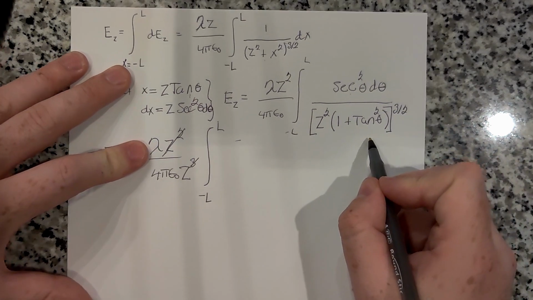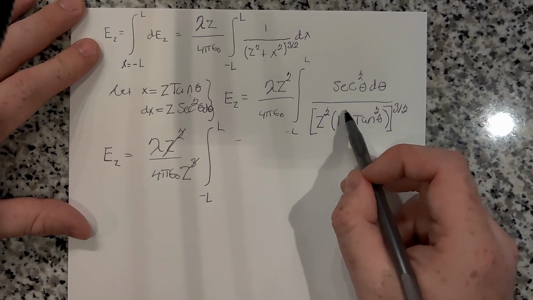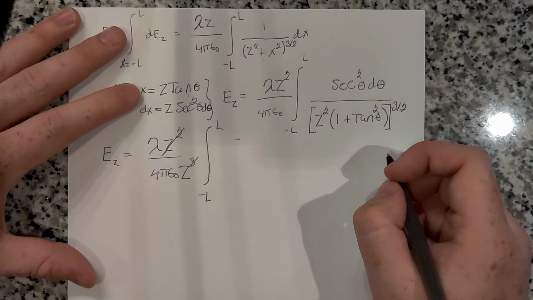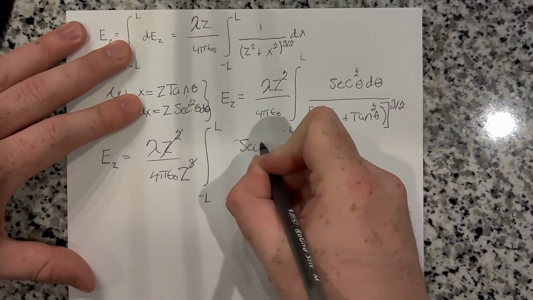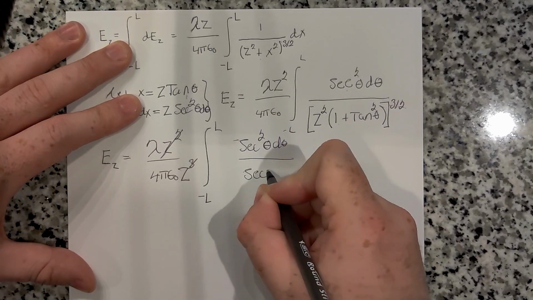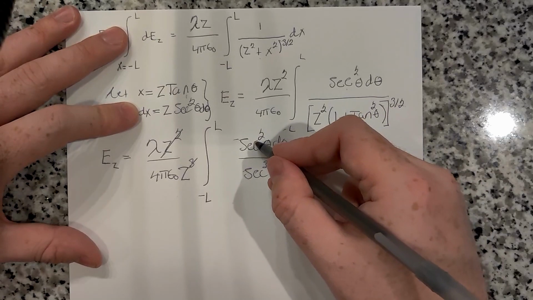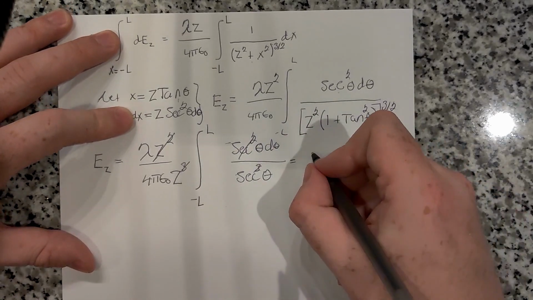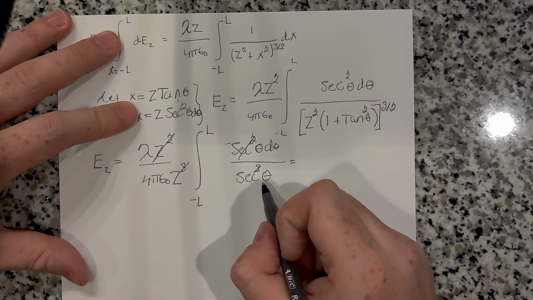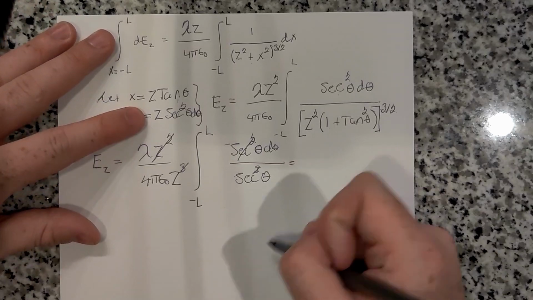And 1 plus tangent squared using the trigonometric identity is secant squared. So this will just be secant squared raised to the 3/2, which will just be secant cubed. So what we end up having is secant squared of theta d theta over secant cubed of theta, which is just, cancel that, and that will be 1 over secant of theta, where secant of theta is 1 over cosine, so we have 1 over cosine, which is just cosine.